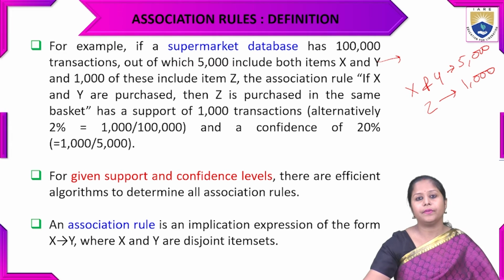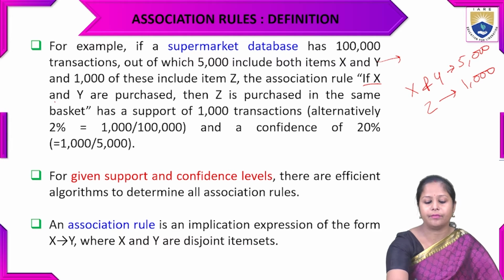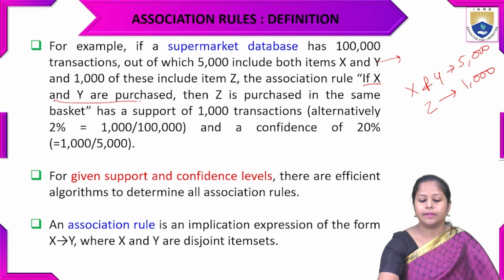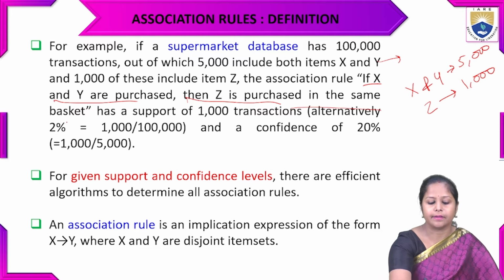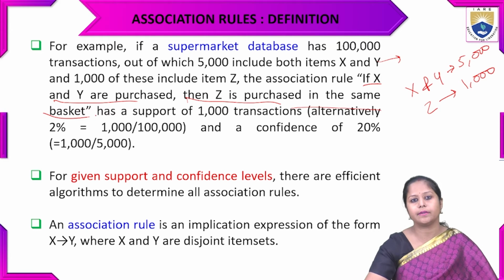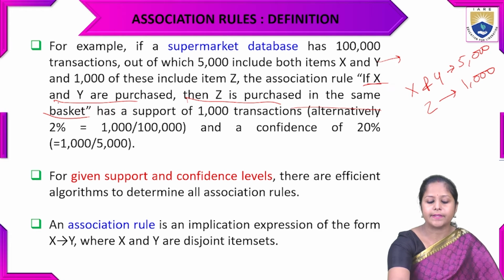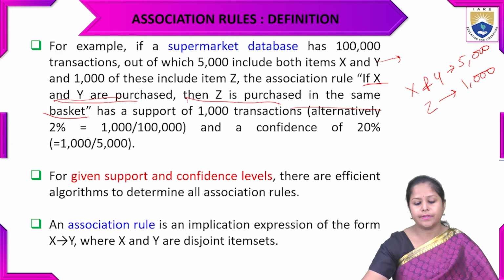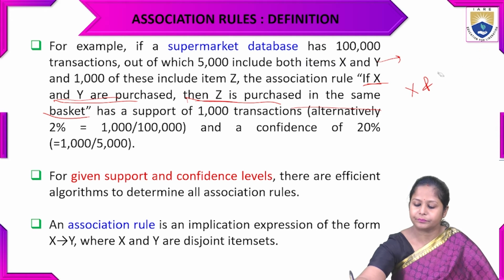The association rule generated for that will be: if X and Y are purchased, then Z is purchased in the same basket, so that is going to be purchased together.